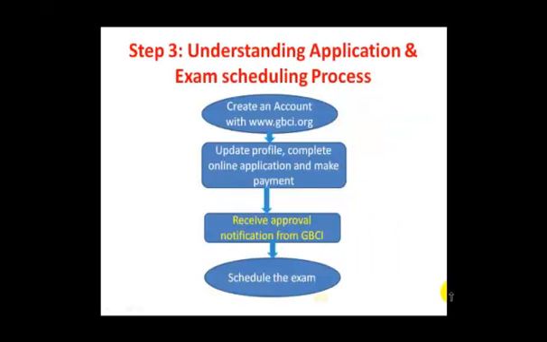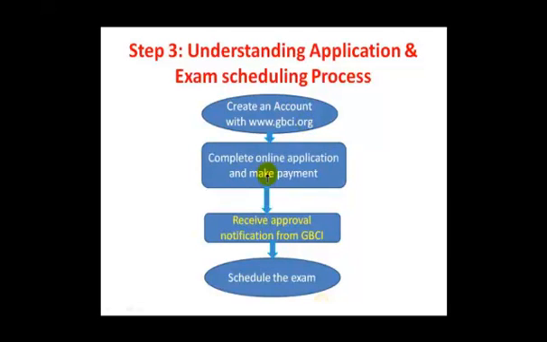How to apply and schedule for the examination? The first step in the application process is to create an account with gbci.org. GBCI stands for Green Building Certification Institute. After creating an account, you will have to fill an online application form and make a payment of $50.